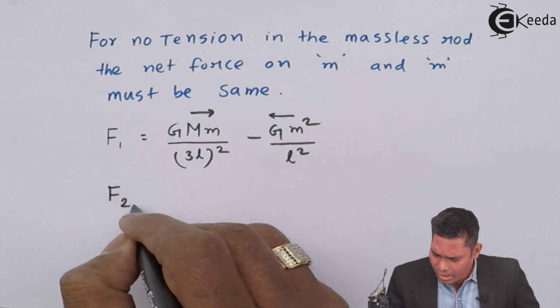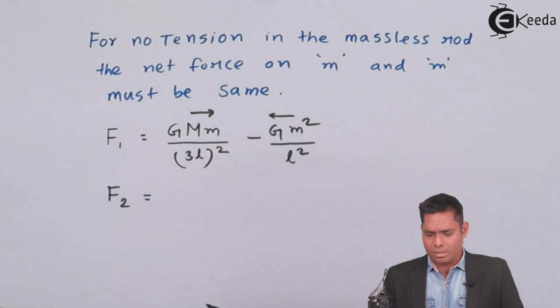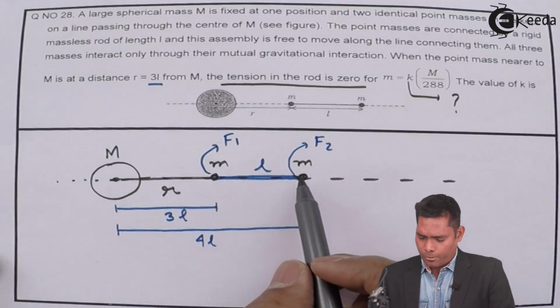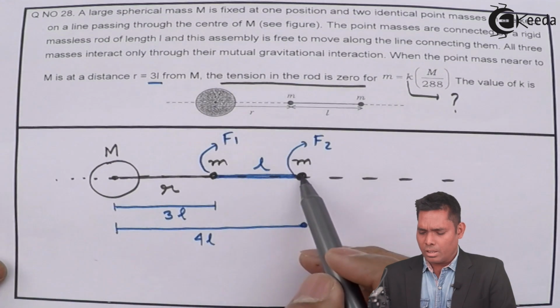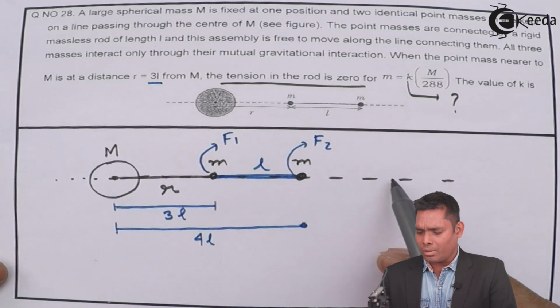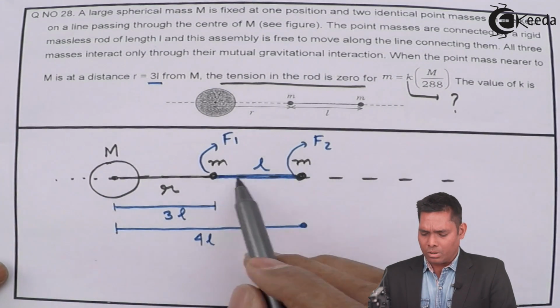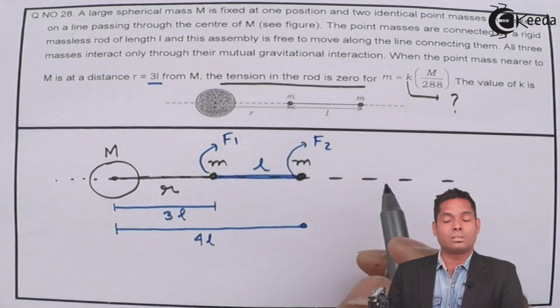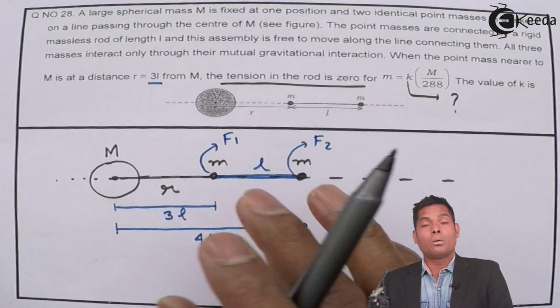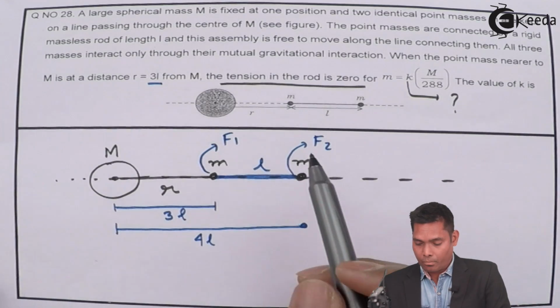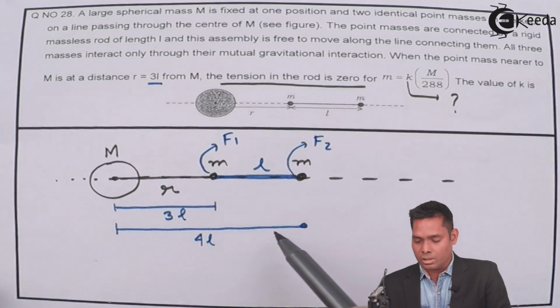Similarly, the force on the second mass, that is F2, net force, because of this bigger mass, the force will be in the right direction, and because of this, it also will be in the right direction. So in this case, both the forces will add up. Because of bigger mass, the distance is 4L.